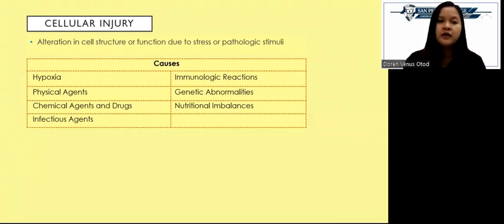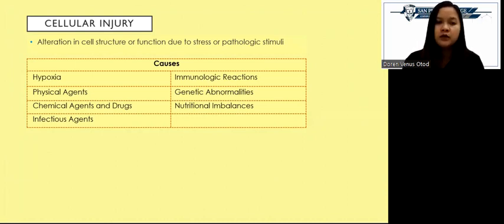We also have infectious agents such as bacteria, parasites, and viruses. And then we have immunologic reactions like allergies and genetic abnormalities. The abnormality comes from your parents, so it was passed to you during pregnancy.